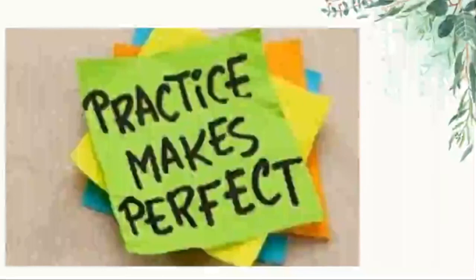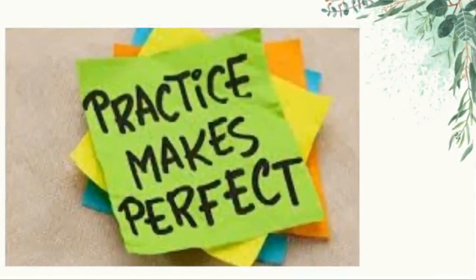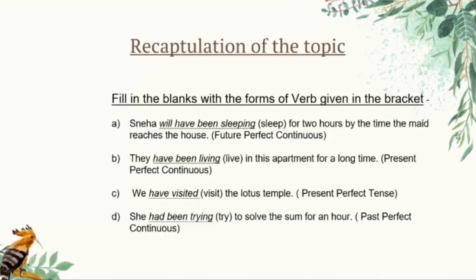As we all know, children, practice makes a man perfect. So let us quickly revise the tenses through the exercises. Here, children, we will fill in the blanks with the forms of the verb given in the bracket and revise whatever we have learned in this video.